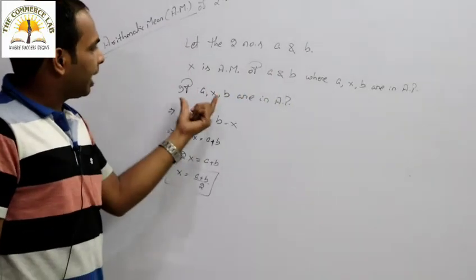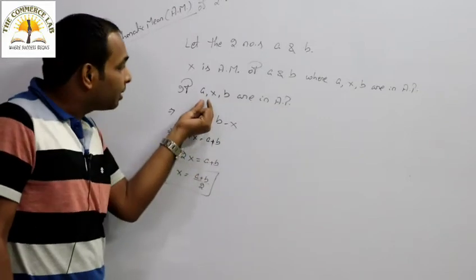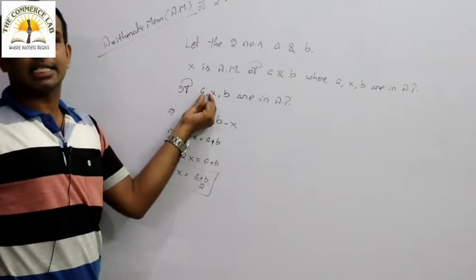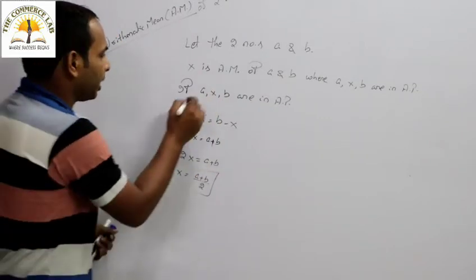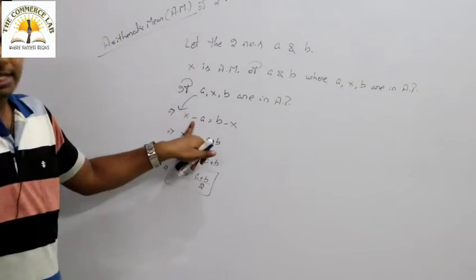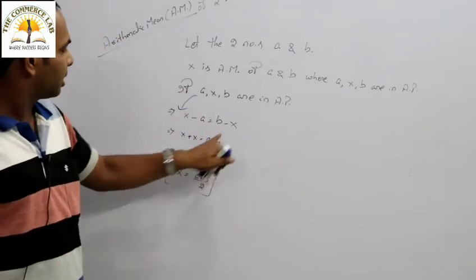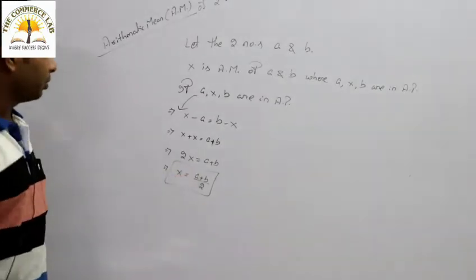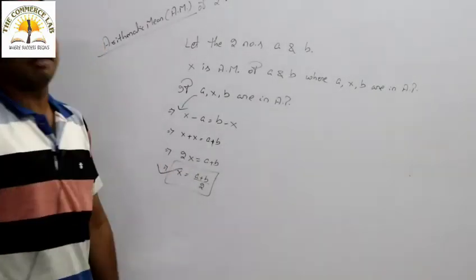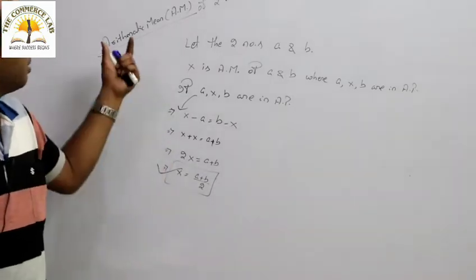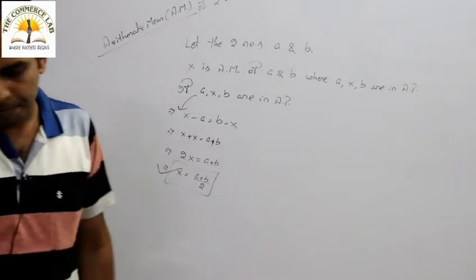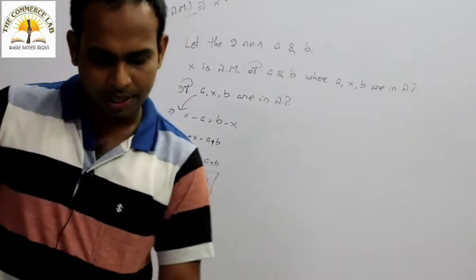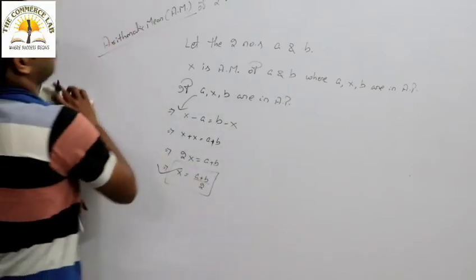According to AP, the difference between these consecutive numbers is the same. That means x minus a is equal to b minus x. Then by solving this, x equal to a plus b by 2. This is the formula of arithmetic mean between two numbers. Okay. Then come to the arithmetic means between n numbers.